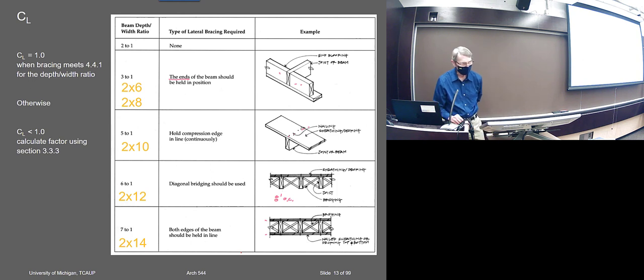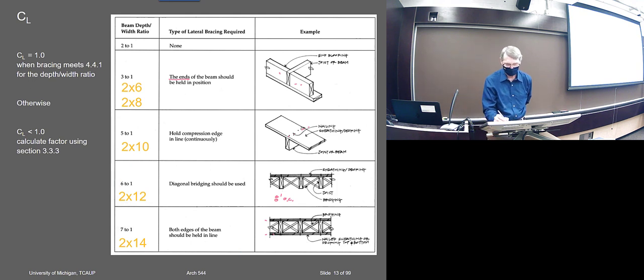So those are your options. Now, if you meet that, and maybe some of these lower ones, this would be very difficult to meet. I mean, you're really making a diaphragm out of it at that point. Maybe you wouldn't do this, but these other ones are probably not too difficult to meet, actually.